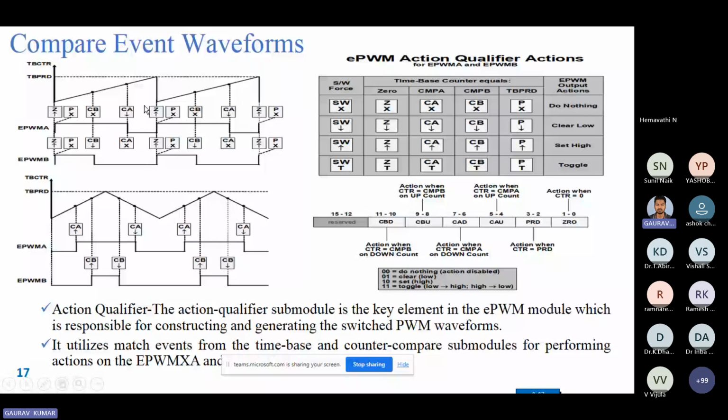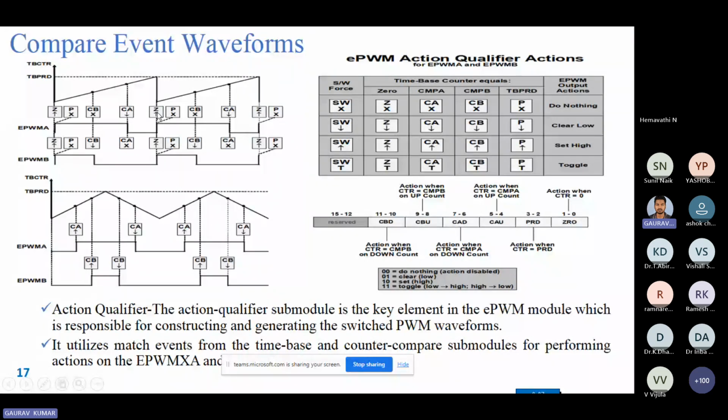So in case of the up counter, when zero happens, it will go to set mode. For EPWMA we focus only on the compare A value. So when compare A comes, it will go to clear. Then again zero will come, and this is also the position of the period.